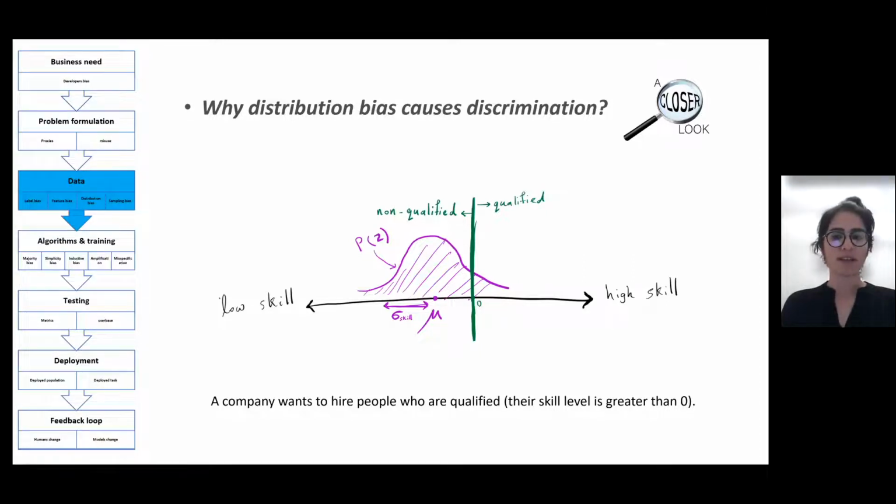A person is qualified if their skill level is greater than 0, and they are not qualified if their skill level is less than 0. For simplicity, let's assume that the distribution of skill level between people is a Gaussian with average mu and variance sigma.